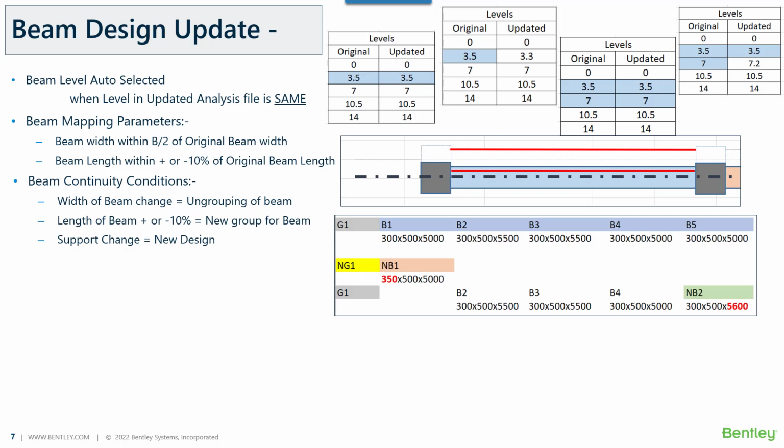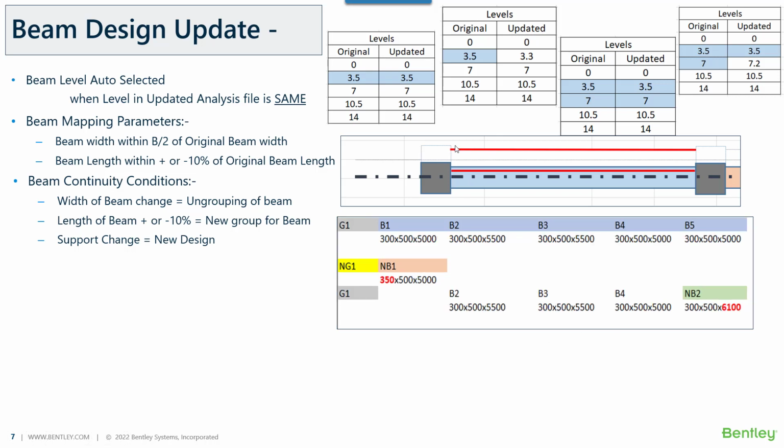So now NB1 will be a new beam because the section property has changed, and it will be a new group because it has been ungrouped from the existing group. If the section property of B2, B3, B4 remains the same, now grouping is much more related to the width of the beam. So for B2, B3 and B4, the width of the beam remains the same, hence they stay in the same group. Now for beam 5, my original length of the beam is 5 meters, but in my revised analysis file, the length has increased to 6.1 meters.